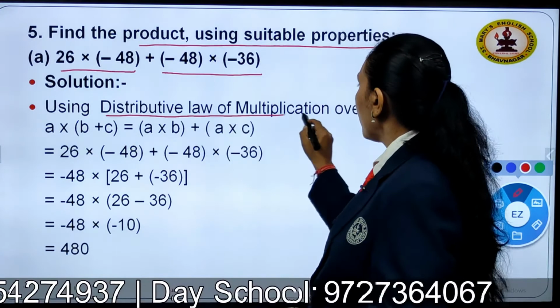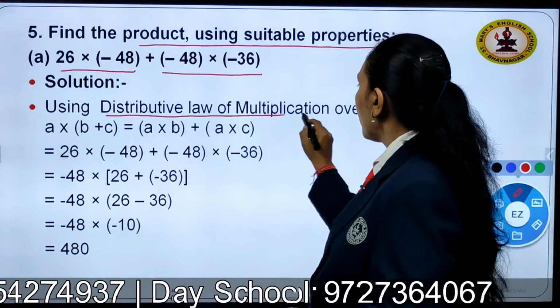Minus 25 and minus 4, if I multiply, I will get 100. Again if I multiply 100 and minus 10, I will get minus 1000. Multiplying minus 1000 to 15, I will get my final product as minus 15,000. So this is the way, children: you can change the order and get the calculation in a simpler manner.